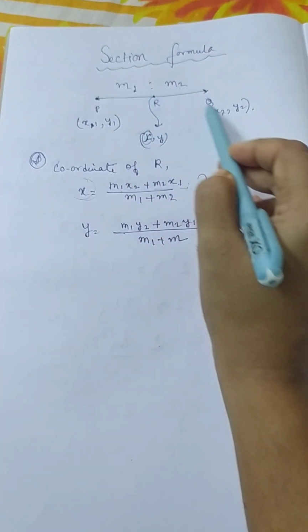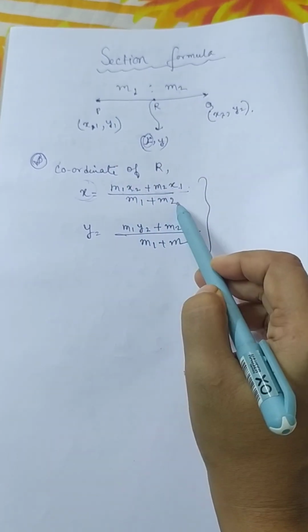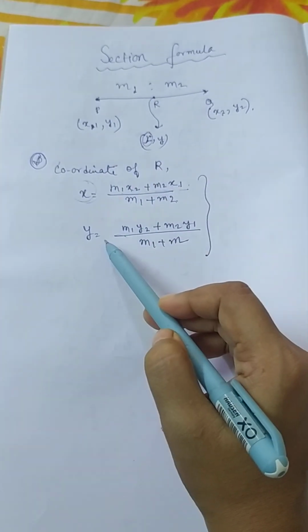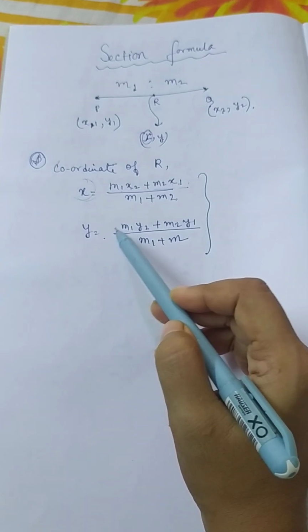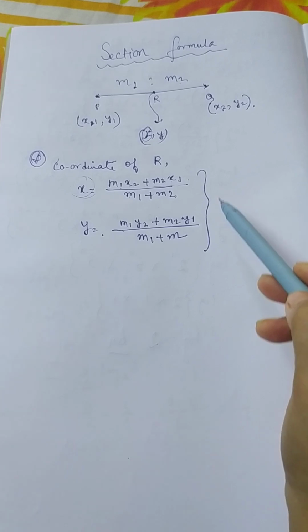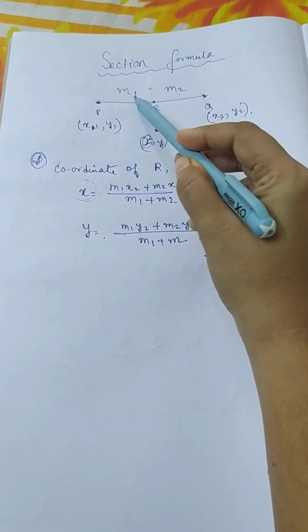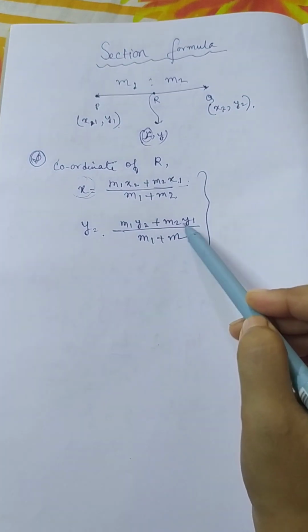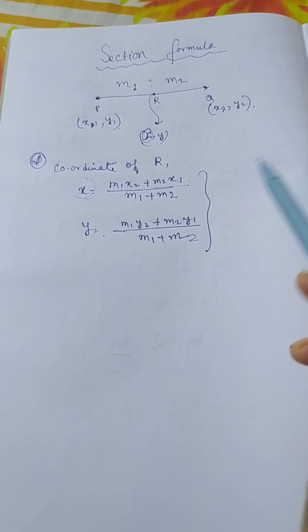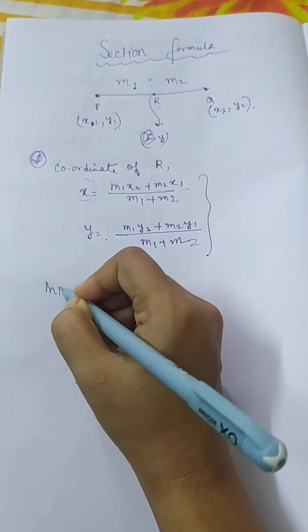M1 x2 cross M2 x1 by M1 plus M2, and for the y coordinate, the value will be M1 y2 plus M2 y1 by M1 plus M2, right?